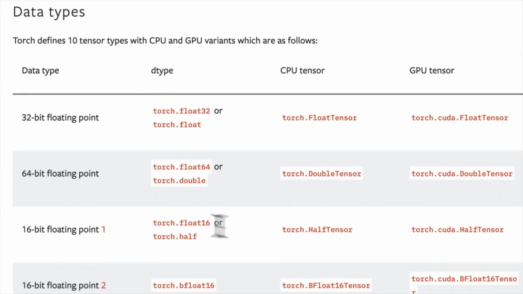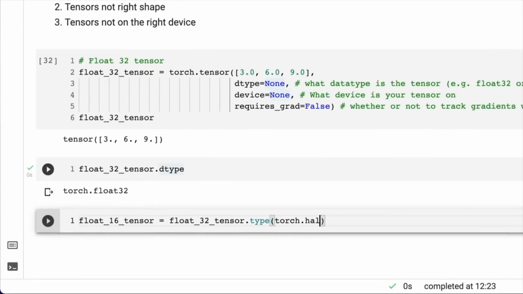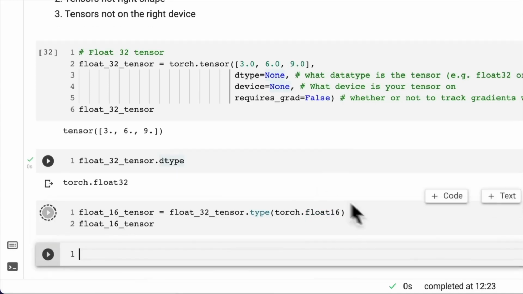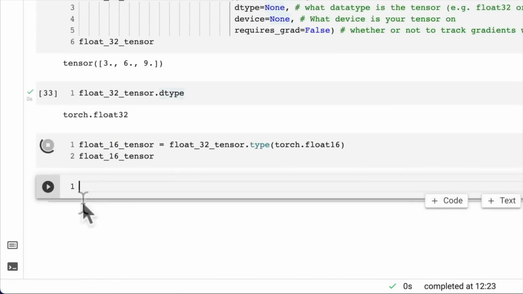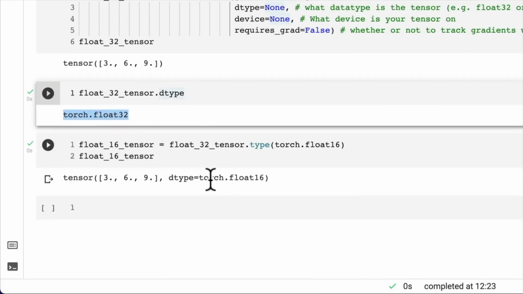Because that's how we define float 16, or we could use half. So the same thing. Let's just do float 16, which is more explicit for me. And then let's check out float 16 tensor. Beautiful. We've converted our float 32 tensor into float 16.